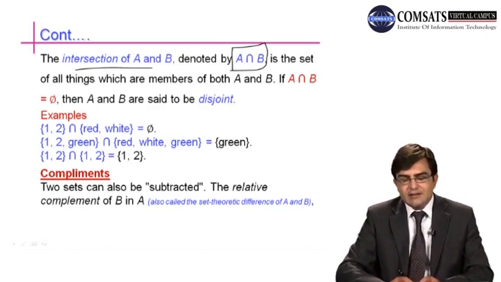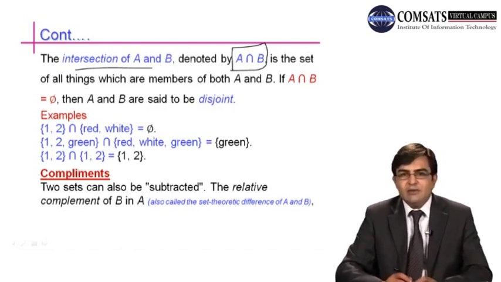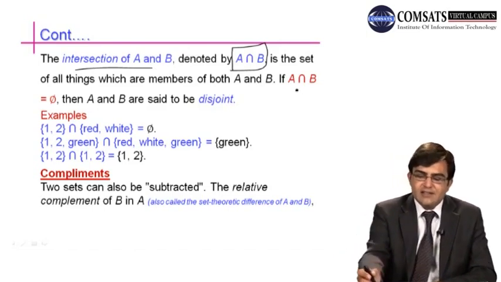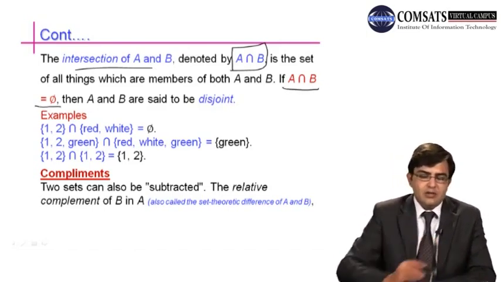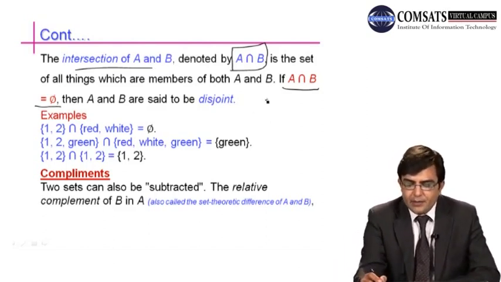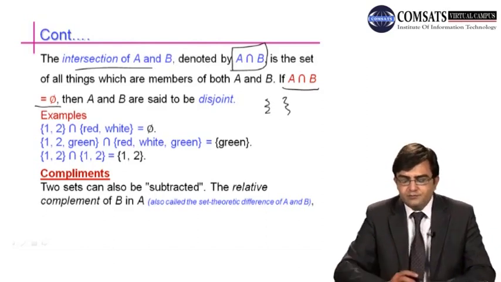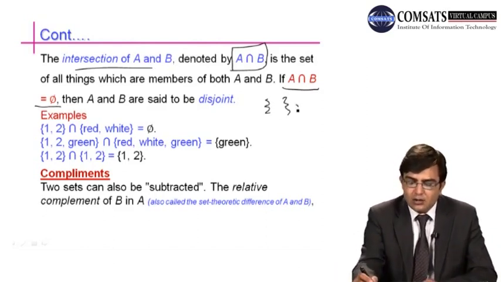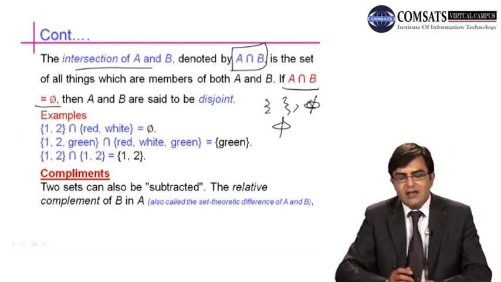Basically this new set contains those members of A and B which are in both A and B. If the intersection of the two sets A and B contains no common members, then we say that the intersection of A and B is equal to the empty set. An empty set is usually denoted by these two brackets like this, or a symbol which is phi. You already know this, I hope.